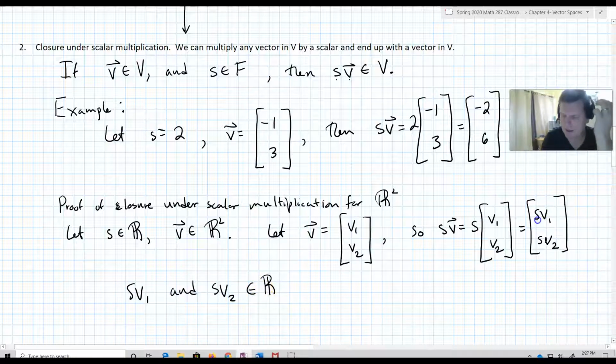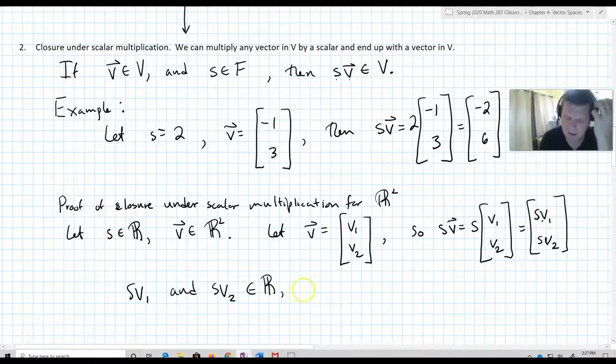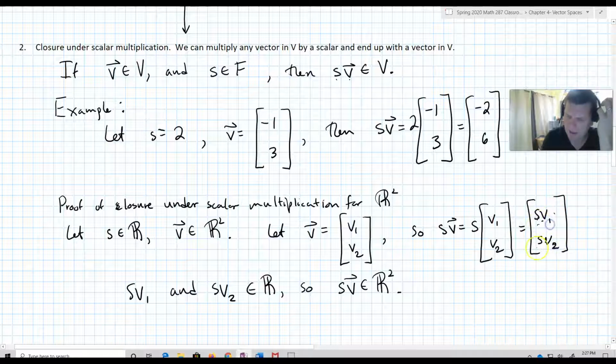That's because a real number times a real number is just going to give you another real number, okay? So sv belongs to R2. Once again, I've got duples, two of them, and both of them are real numbered values. So R2 is closed under scalar multiplication.